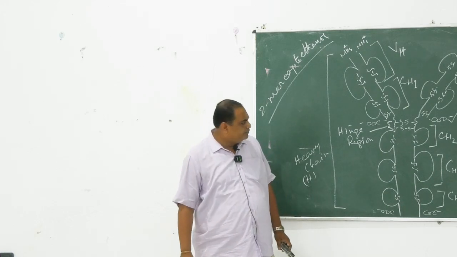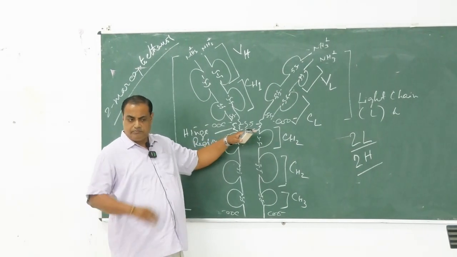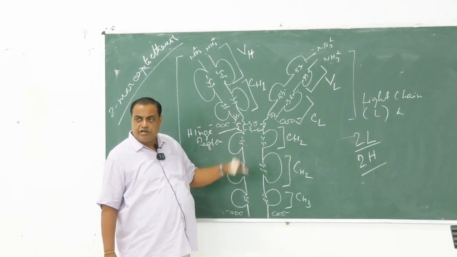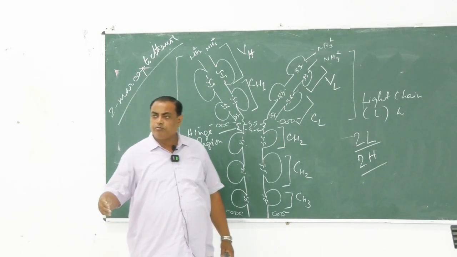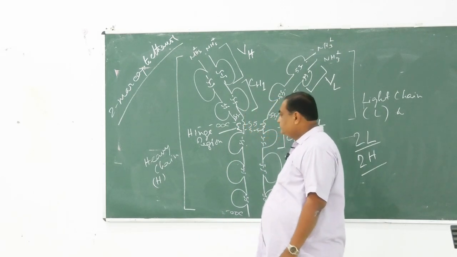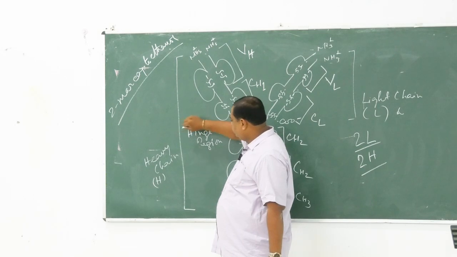Now you tell me, if you cut below the hinge region and if you cut above the hinge region, what will be the number of products? Now these two portions have separate functions.